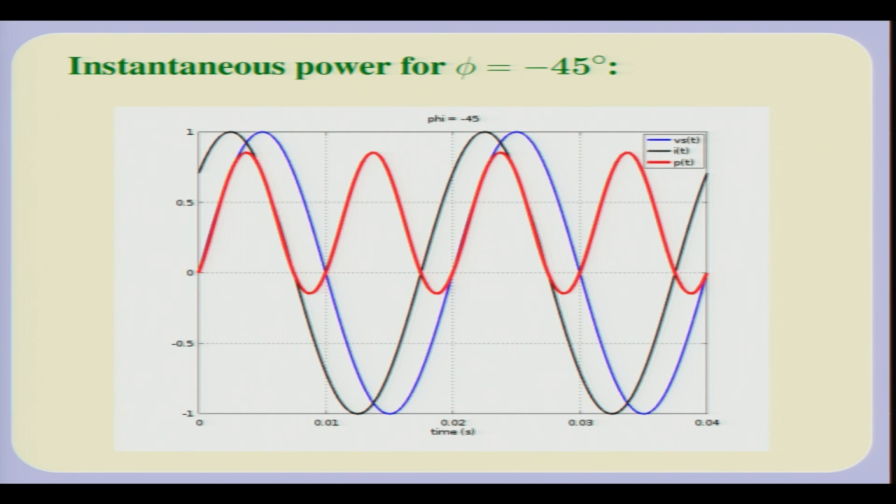Vm Im sin phi, you will find that in this case the reactive power absorbed from the source is half of Vm Im sin of minus 45, whereas in the earlier case it was Vm Im by 2 sin of plus 45. So, there is a reversal. The reactive power in some ways captures whether phi is plus 45 or minus 45.